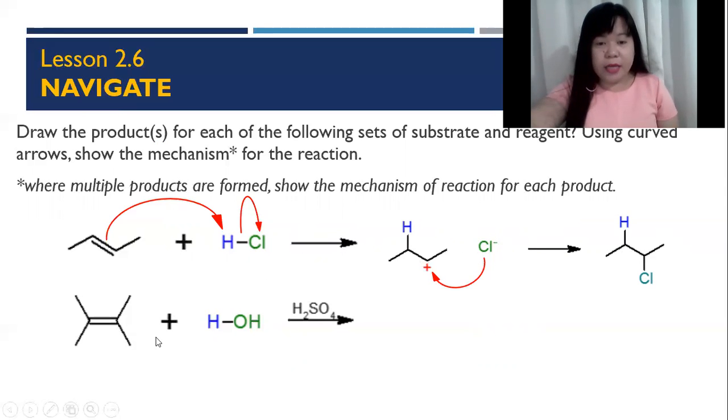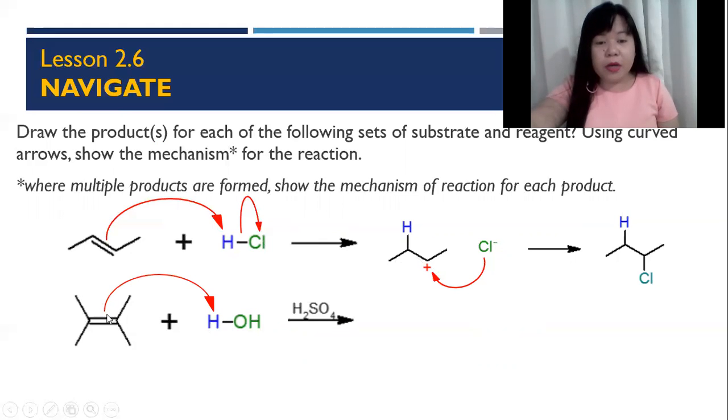And for the second example, notice that it's no longer HX, but rather it's actually water. So this happens in the presence of an acid catalyst. So if we would follow this same mechanism, then it should look like this.